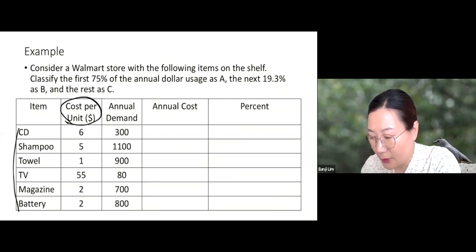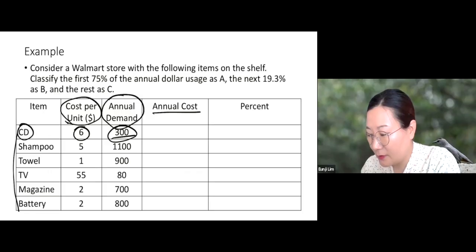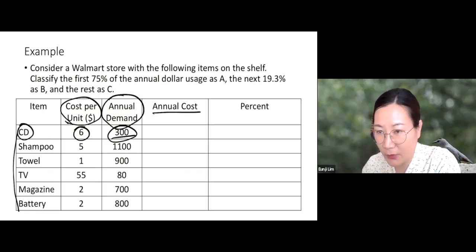So for example, to purchase 1 unit of CD from a supplier, you're paying $6. And you're given the annual demand. That means you are selling 300 CDs every year. Now you can compute the annual cost, how much you're investing to purchase each item every year.